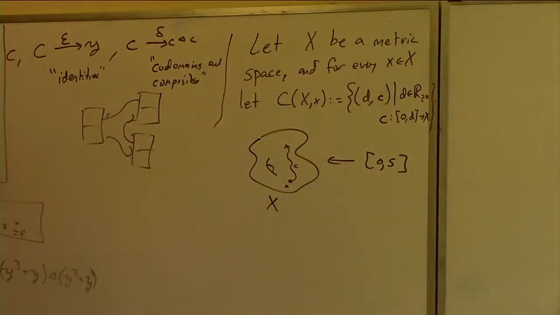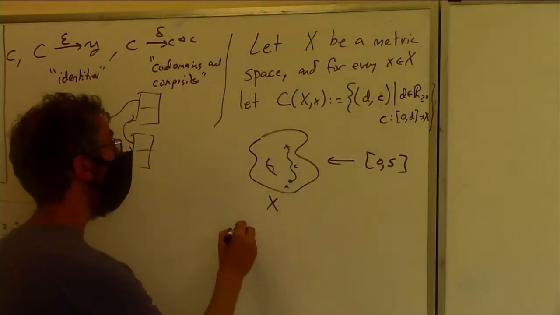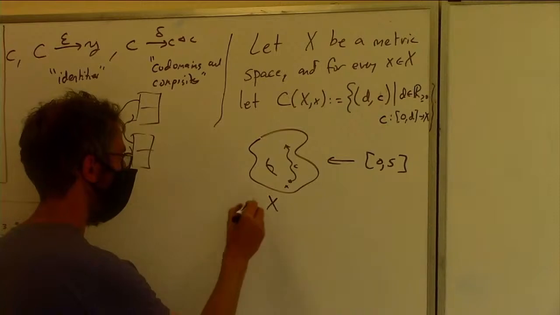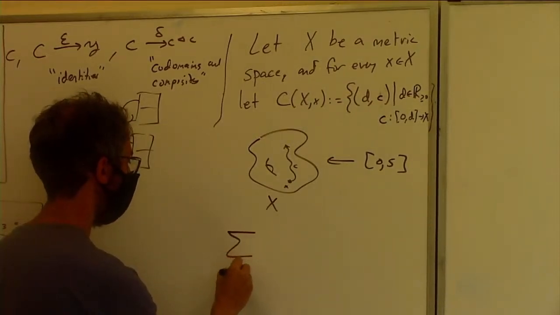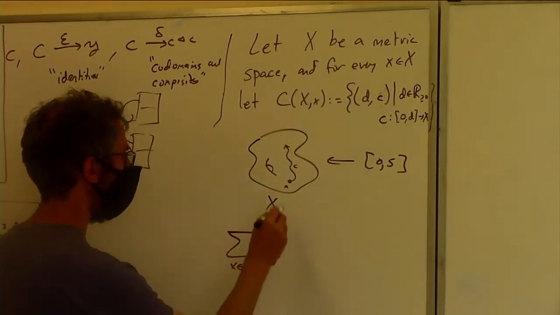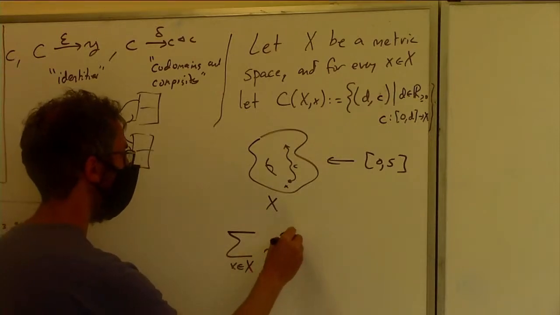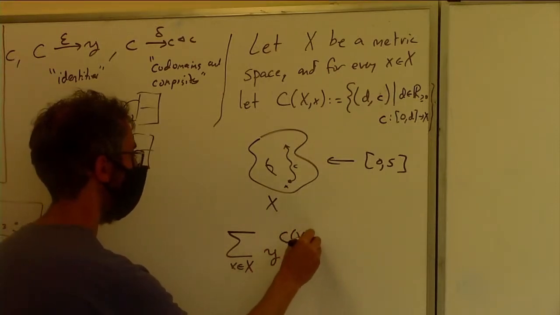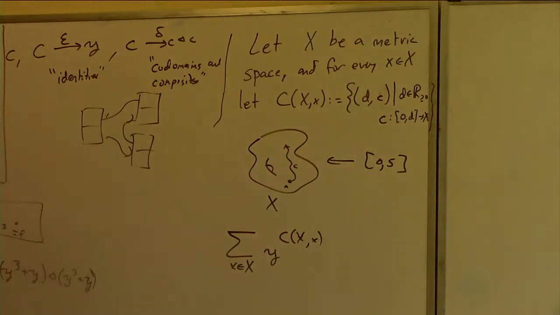Okay, so there's a category whose objects are the points in X and whose morphisms out are all curves in X starting at x. And how does this work?